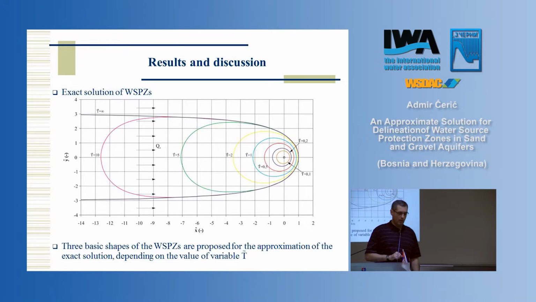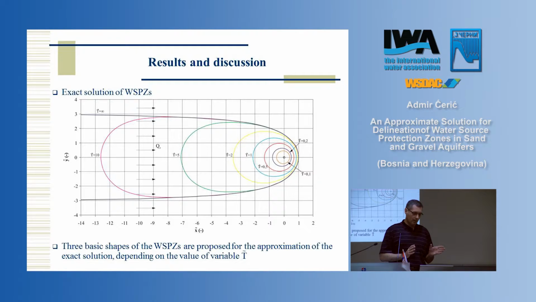Just looking visually at this graph, one can see that the shape and size of the water source protection zones change as this dimensionless residence time changes, in the manner that for very small residence times, on the order of magnitude less than 0.1, these water source protection zones appear circular and concentric to the well.